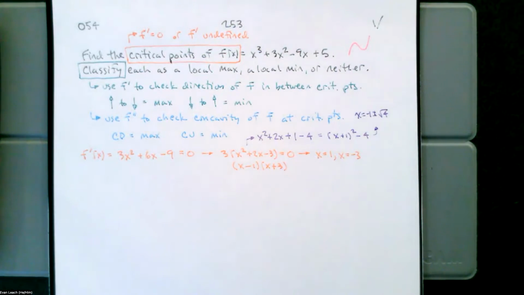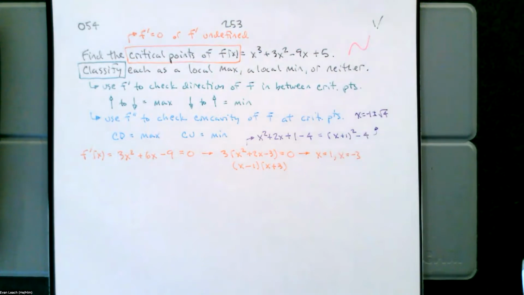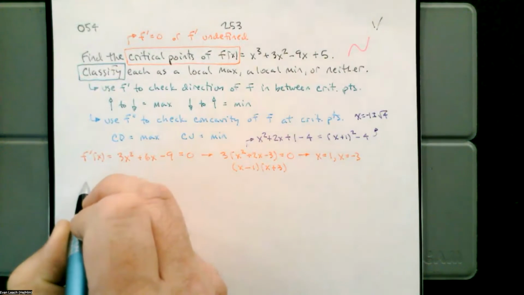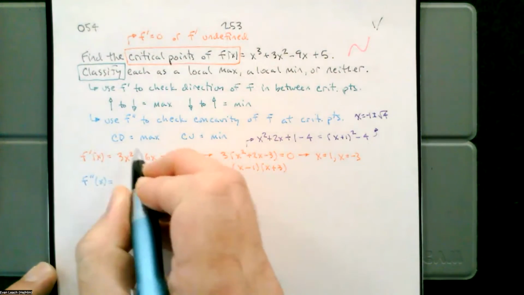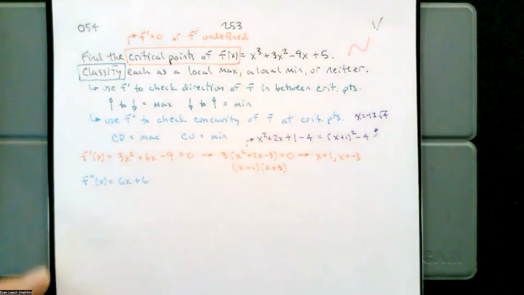The thing that we do have to worry about is if one of these points just goes flat, but that's not going to happen because look at our derivative. So I want to use the second derivative to check. So f double prime is going to be 6x plus 6.